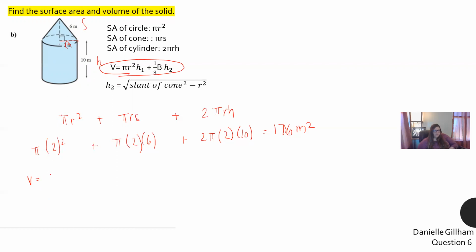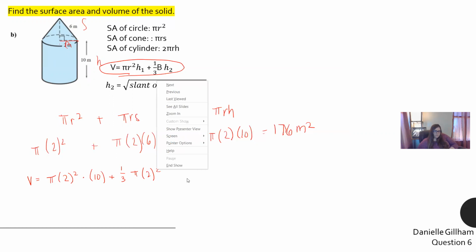So the pi times the radius squared times the height that we've already discovered, plus 1/3 times pi times 2 squared times 5.66, which is your height.